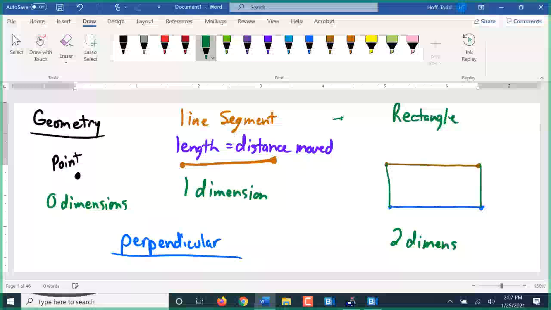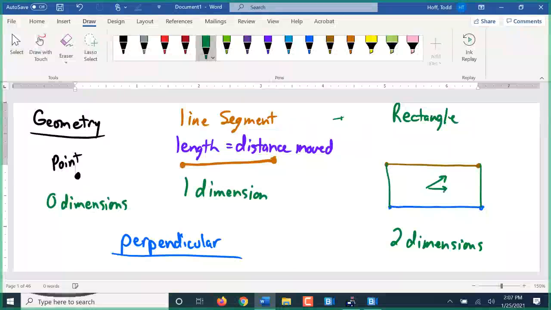Again, you can think of it in a couple different ways. It was created by moving in 2 directions, so it has 2 dimensions. It can be measured in 2 ways, horizontally or vertically. And if you're on it, you can either move right or left, or you can move up and down. Moving at an angle like that, by the way, is still only moving in 2 directions.